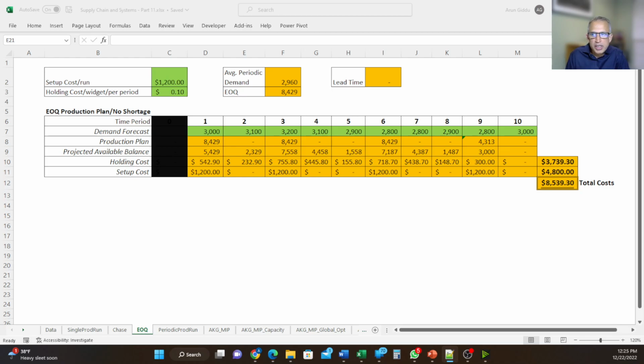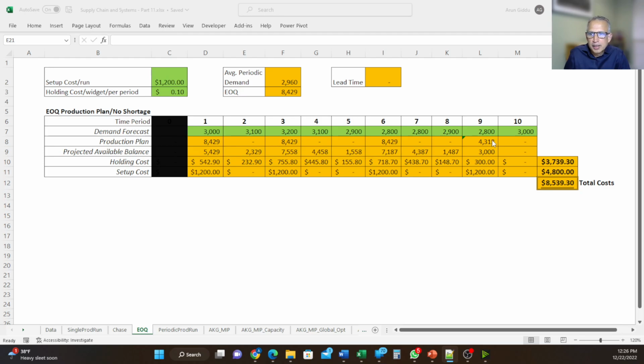So if we use EOQ of 8,249, our total costs are 8,539, which is less than the chase strategy. Please note that in month 9, I changed the quantity to 4,313 since I wanted to leave no unused balance at the end of period 10 to be consistent with all the other strategies that we have been using.